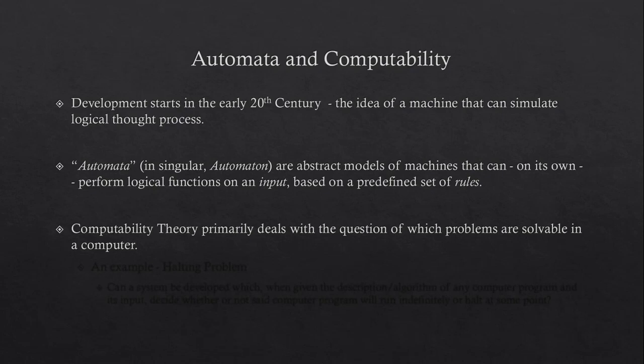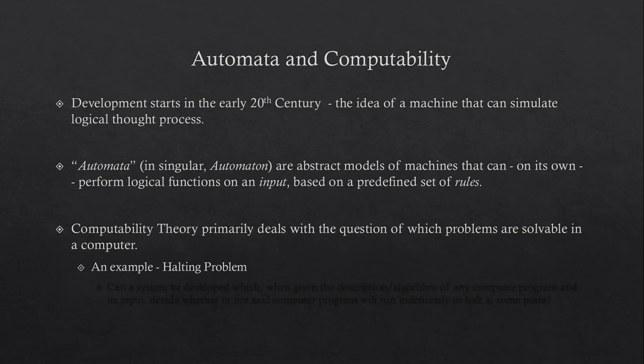But not all problems are solvable in a computer, and that's where computability theory comes in, because it's also important to decide which problems can be approached from a computational point of view and which problems cannot be. A very famous example of unsolvable problems is the halting problem.